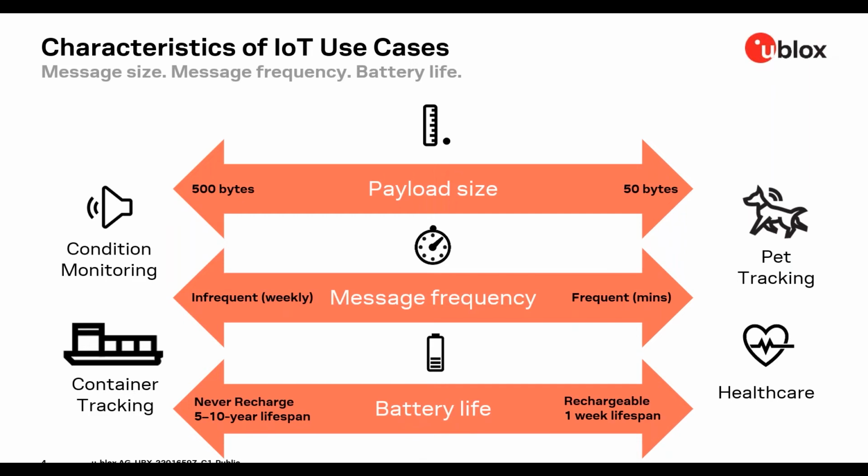The message frequency could be as infrequent as just a message once a week or so, or very frequent, every minute. And battery life, we're looking at a range of devices that are recharged once a week, a weekly lifespan, or devices that are never recharged and are expected to live in the field for 5 or 10 years, their entire lifespan.